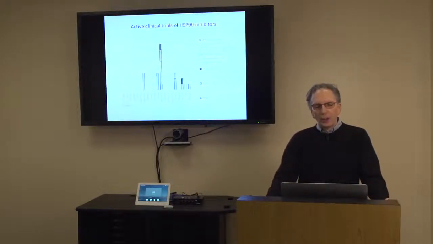Unfortunately, inhibitors that are currently in clinical trial are only represented by a few candidates, as shown on this slide, including SNX-5422, AT13387, Exelixis 888, PU-H71, TAS-116, and a new compound, which I'll talk about towards the end of the talk, PEN866.